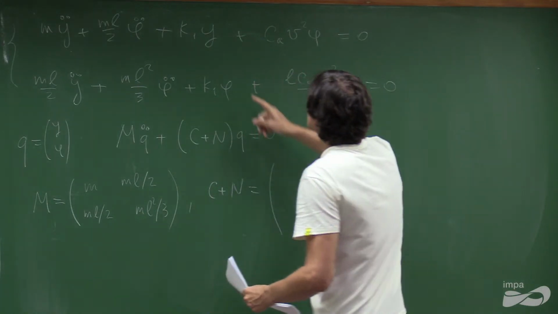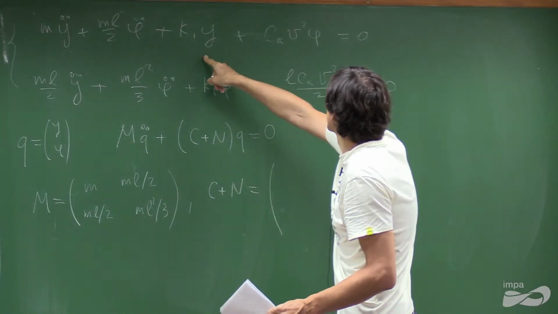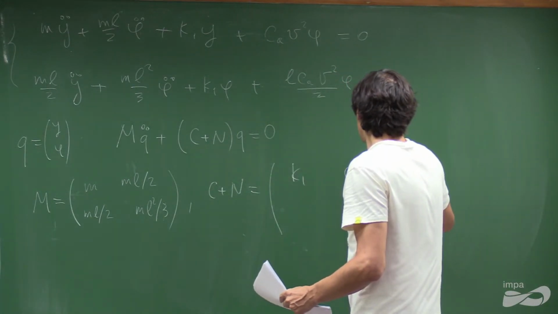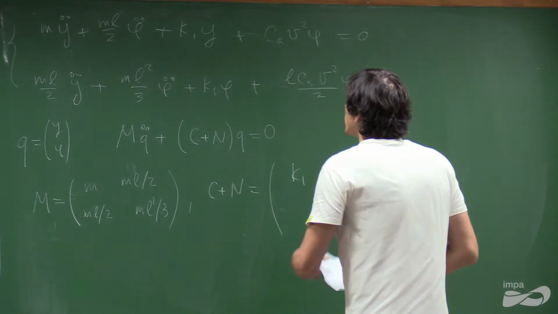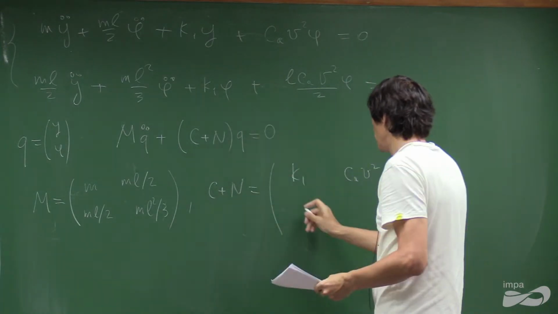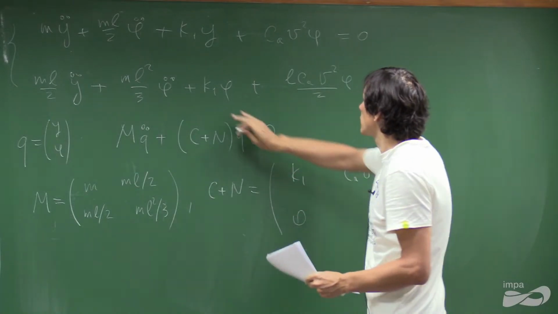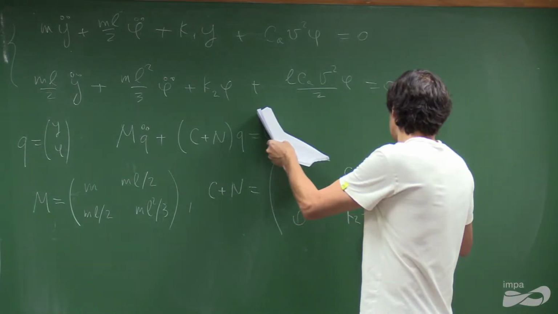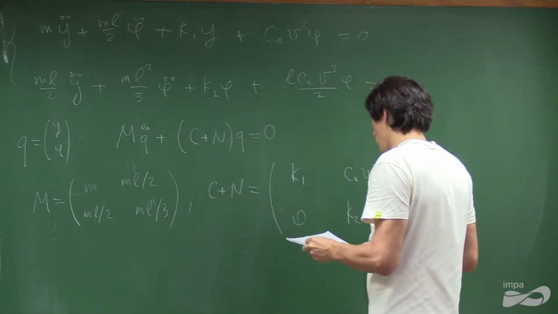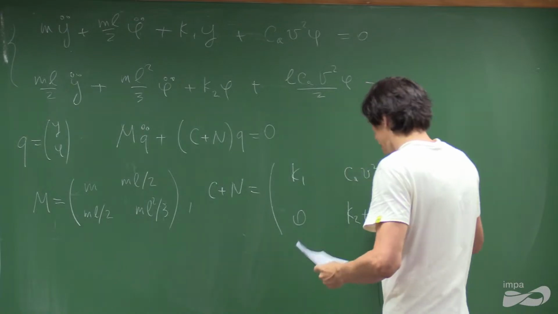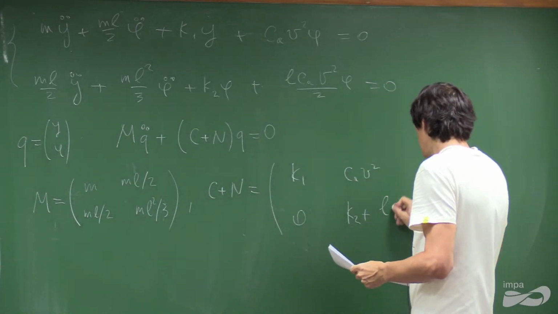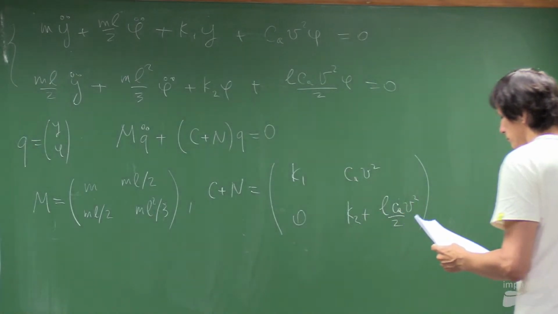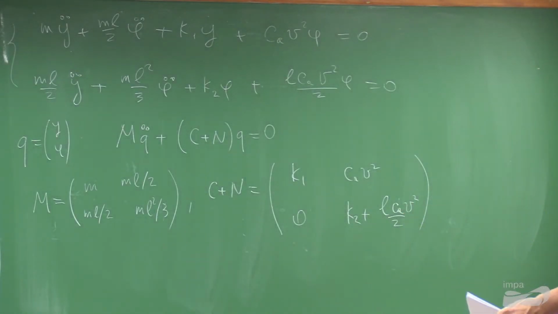And C plus N is a matrix which comes from this term. So it's K1, Ca v squared, and here there will be 0. And then K2 plus L Ca v squared over 2.